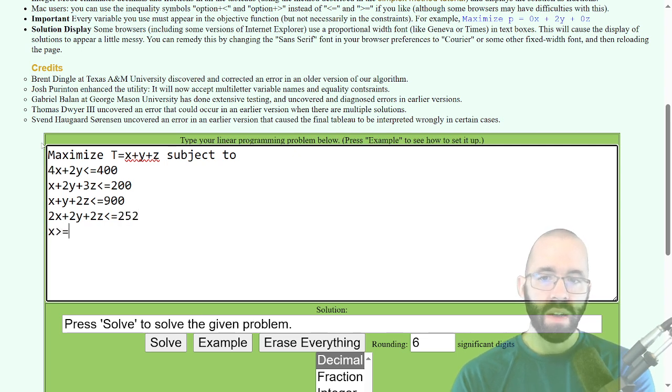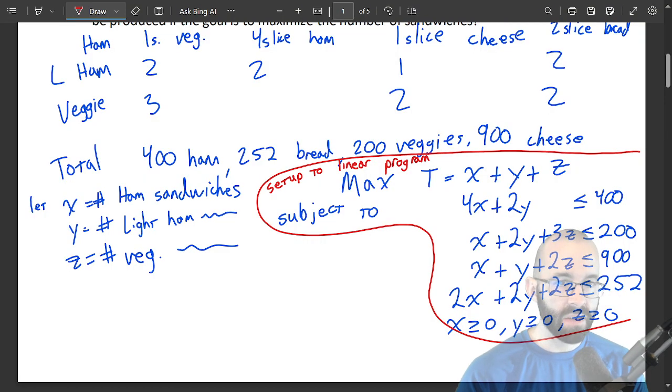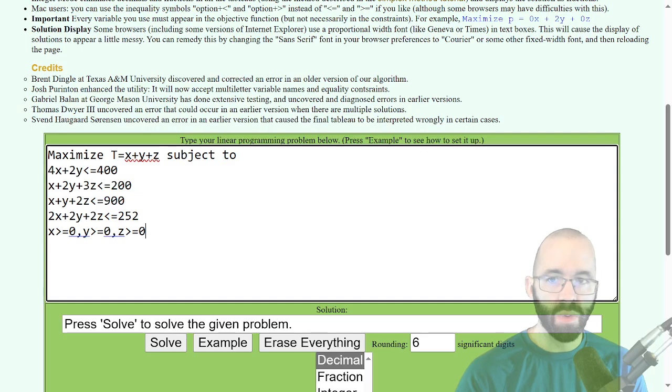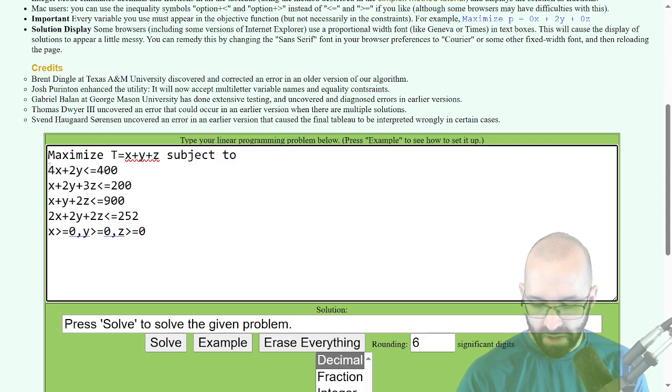And we need everything to be non-negative. So we typed everything in. Let's go ahead and do a quick double check. T is x plus y plus z. That's what we're maximizing. Good, we got that. First one is 4, 2, 0 and 400. That's how I can shortcut things in my head. Just look at the coefficients of x, y, and z. 4, 2, 0.